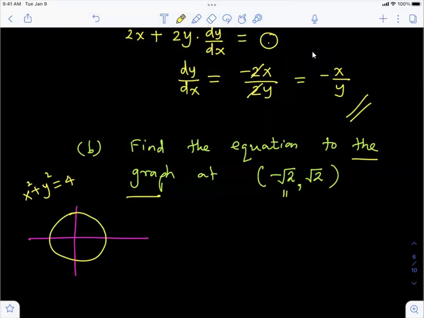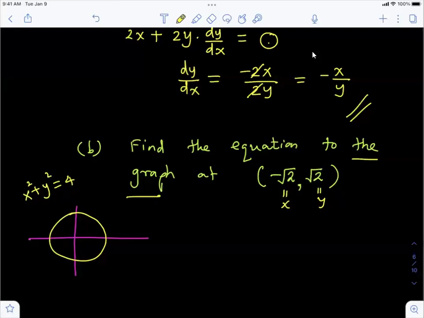When you plug x equals negative root 2 and y equals positive root 2, in this left hand side, that will sum up at the end to just 4. You will square, you will cancel the negative signs, you will cancel the square roots because you're squaring. Therefore, 2 plus 2 equals 4.